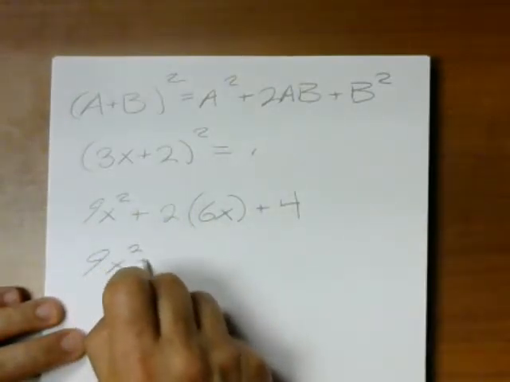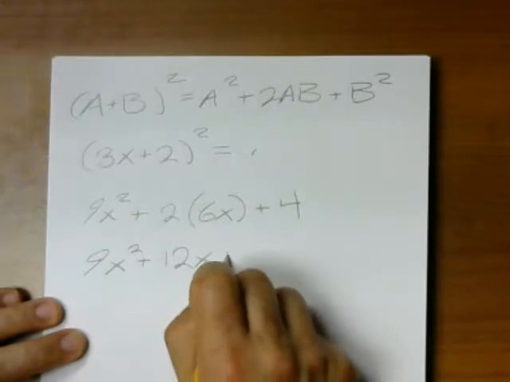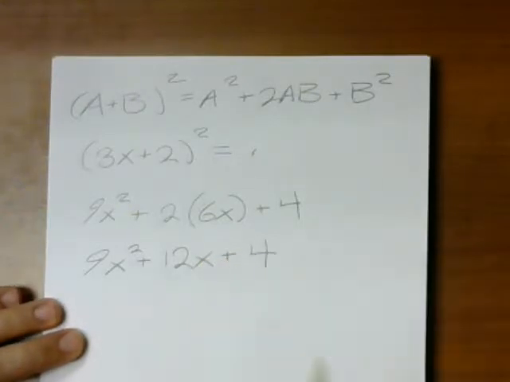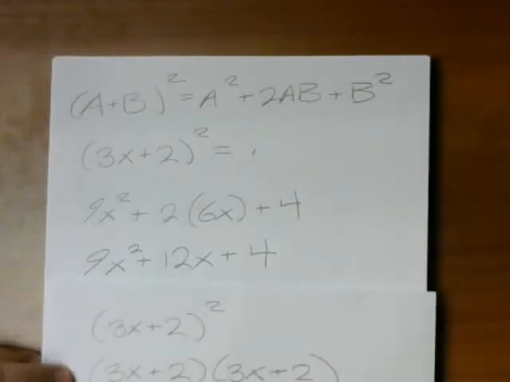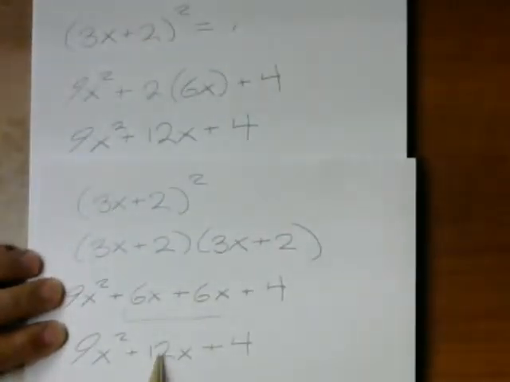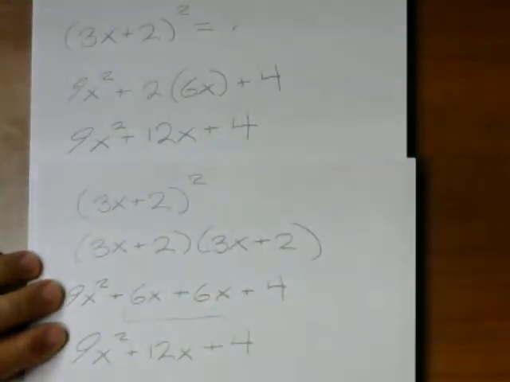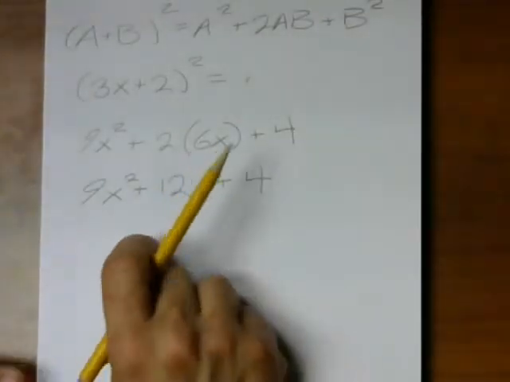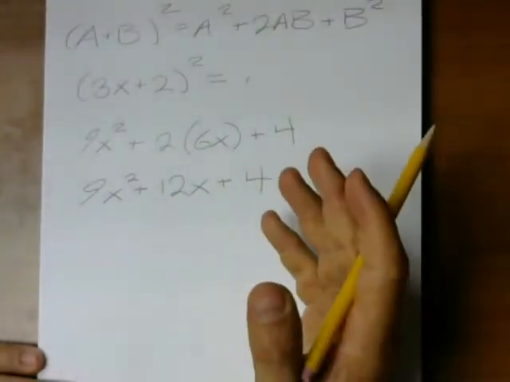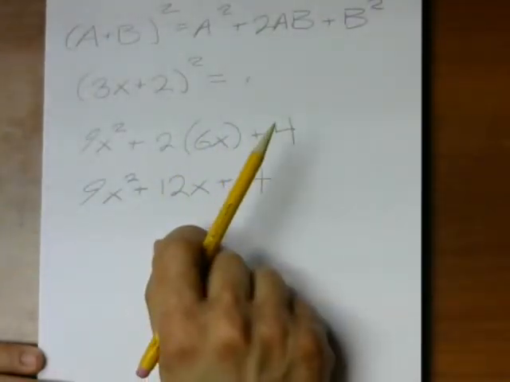So 9x squared plus 12x plus 4. And notice that is the same thing that we got right here, because once again, it doesn't matter which method we use. As long as we don't make any mathematical mistakes, we will always get to the same answer.